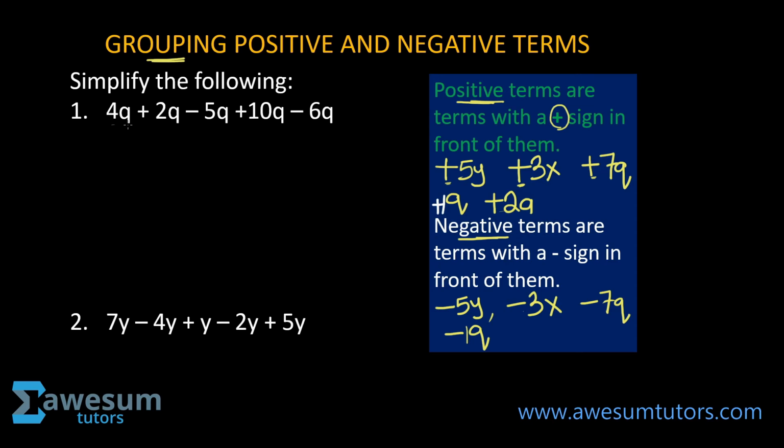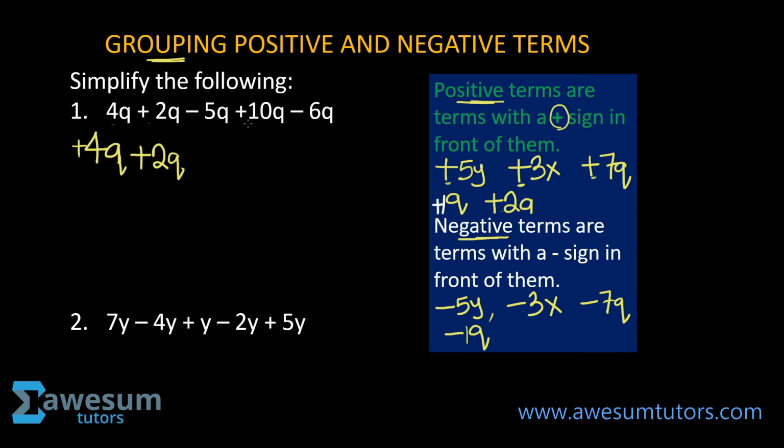Take note, you want to group the positive terms together and negative terms together. This is 4q, which means positive 4q. That is a positive term, right? So I will have that right here, 4q, okay? This is positive 2q, that's a positive term. It's going to be right here. Take note, 4q is a positive term because you have an invisible plus right there.